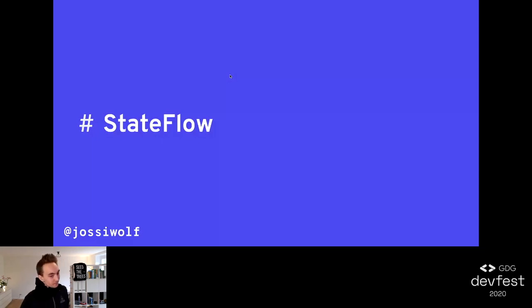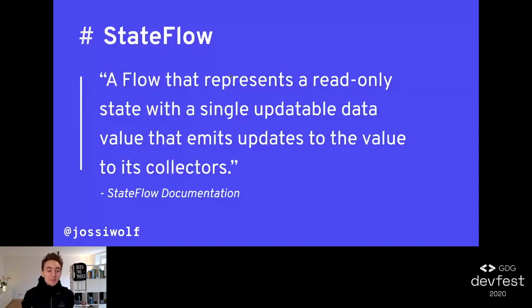StateFlow is a flow that represents a read-only state with a single updatable data value that emits updates to the value to its collectors. Honestly, I just think this is not a great, concise summary, but I still wanted to take it because it is the first sentence from the StateFlow documentation. Basically, a StateFlow is a flow that is specifically meant for representing state.